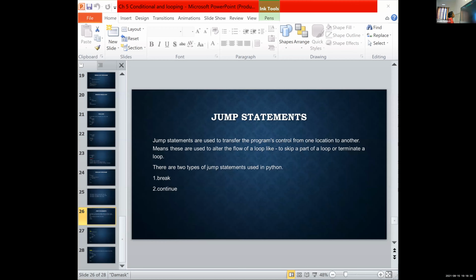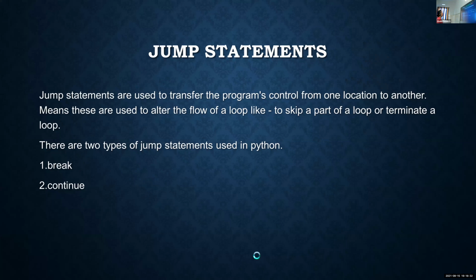Here it is, jump statements. Jump statements are used to transfer the program's control from one location to another location. Means these are used to alter the flow of a loop.